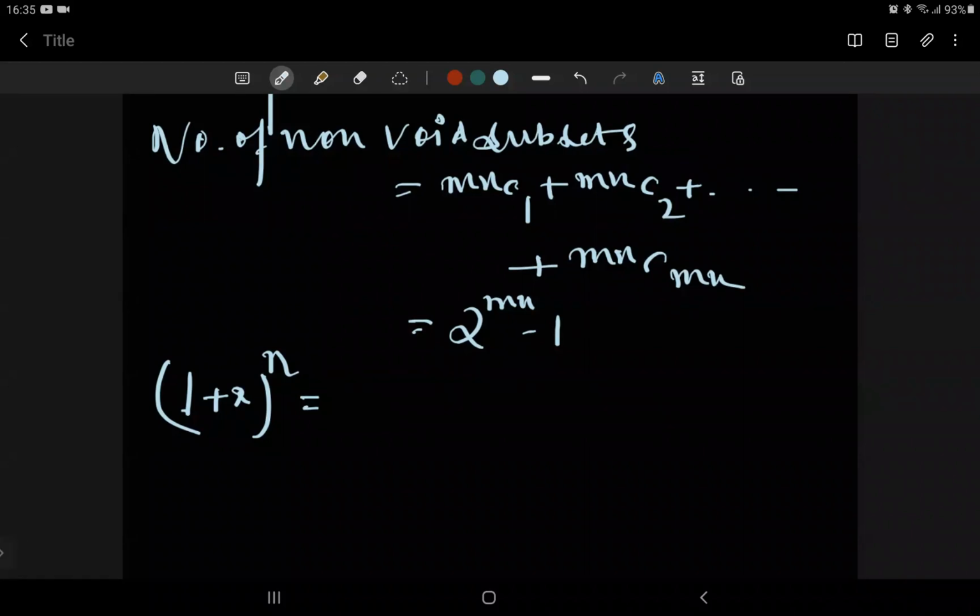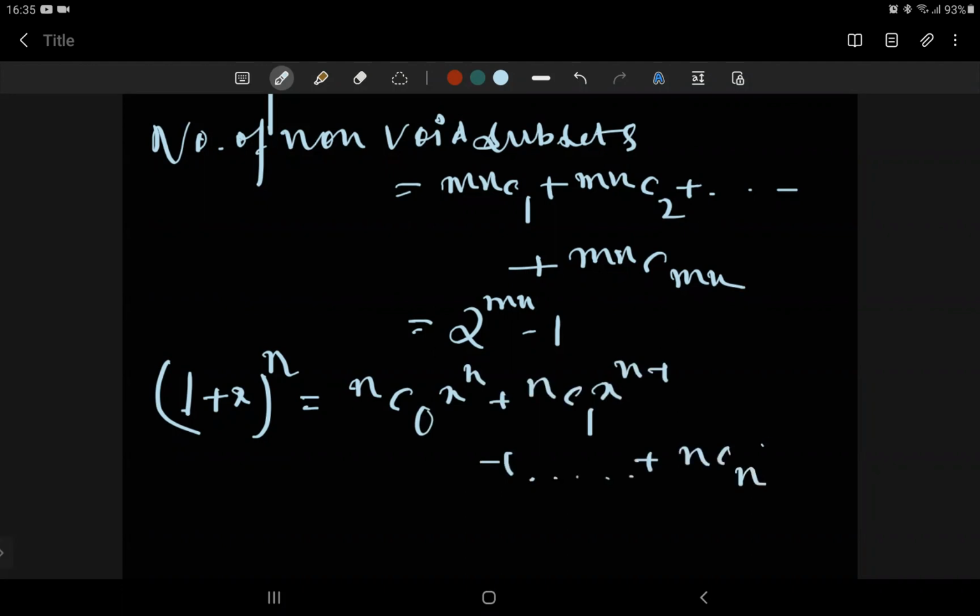So basically, that is absolutely the right way. So if we write nc0 x to the power n plus nc1 x to the power n minus 1 plus dot dot dot to ncn x to the power 0, right? So what do we do over here? This ncn is basically 1, right?